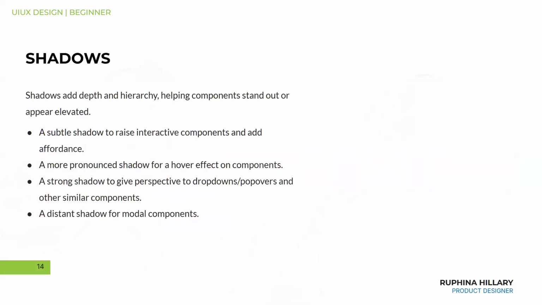So even as small as shadows, right? Shadows, especially when you're not creating flat design, specify your shadows. Shadows usually are used to add depth and hierarchy, helping components stand out or appear elevated, right? So give your design, your gel products, make it skeuomorphic to make it look more real.